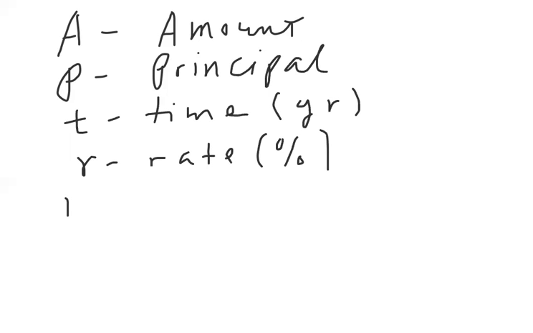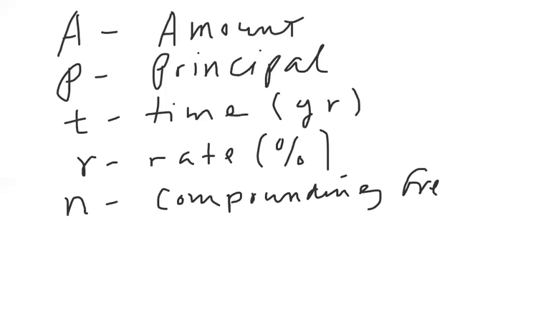Now, last but not least, you have the variable N. N is the number of times the interest is compounded per year. So I'm going to call this the compounding frequency. How frequently is the interest compounded per year? The interest could be compounded annually.